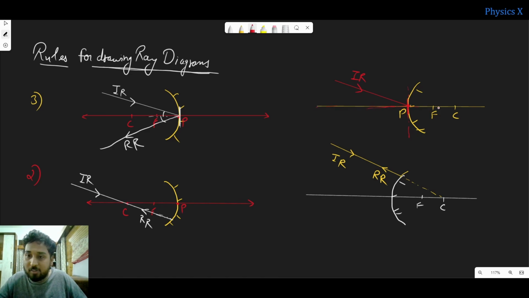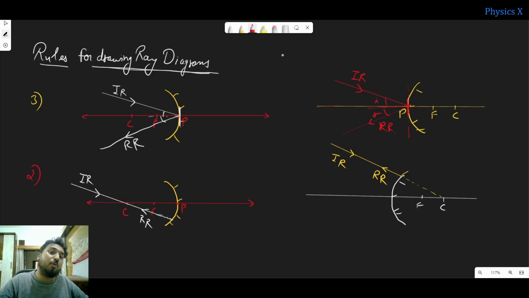The principal axis is itself becoming the normal, so this angle will be equal to this angle, so it will follow this path. So this reflected ray will be on this path. This is the angle of reflection. So these are all the rules for drawing ray diagrams in the case of spherical mirrors. These 3 points we must know.